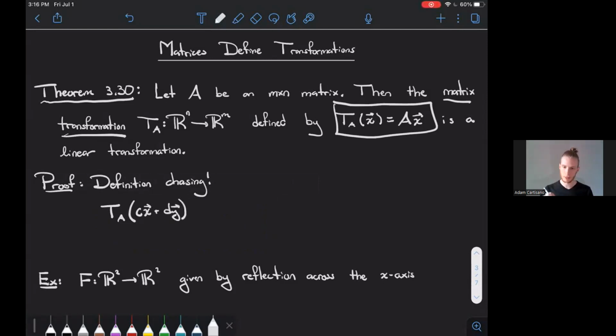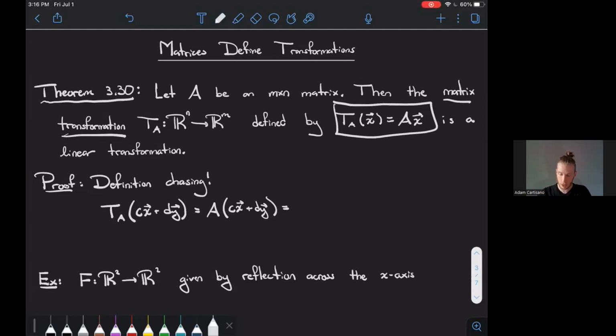I believe what we're doing now is different from what the book does. So this is now A times cx plus dy. The main point of this proof is that matrix multiplication distributes.